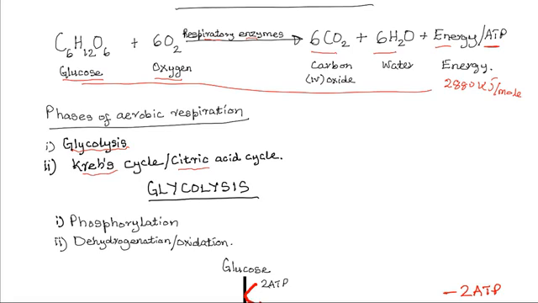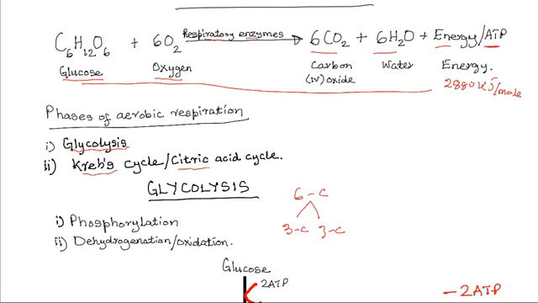The term glycolysis refers to the breaking down of glucose, which has 6 carbon atoms. So it has 6 carbons and is broken into 2, each of which will have 3 carbon atoms.